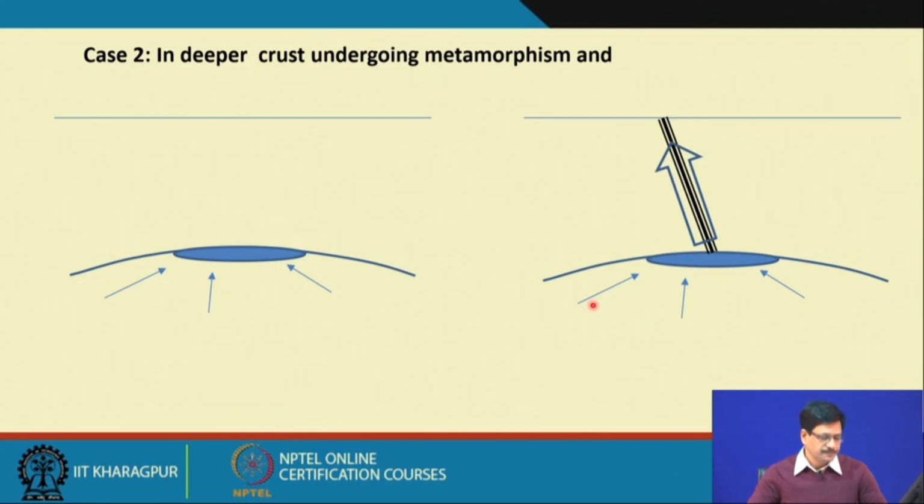So, that is how we could visualize the spectrum from superficial low temperature and pressure conditions to much deeper conditions.